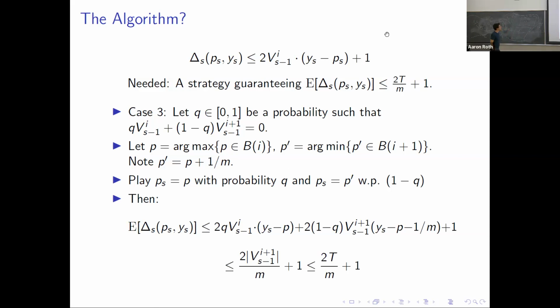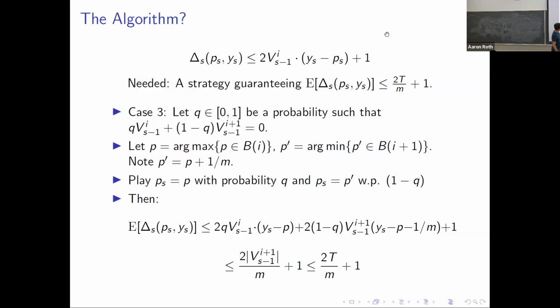Okay. But what's my expected increase in calibration loss? Well, with probability Q, it is my historical calibration loss in bucket I times the outcome minus P. And with probability 1 minus Q, it is the expected calibration loss in bucket I plus 1 times the outcome minus P minus 1 over m, because P prime is just P plus 1 over m.